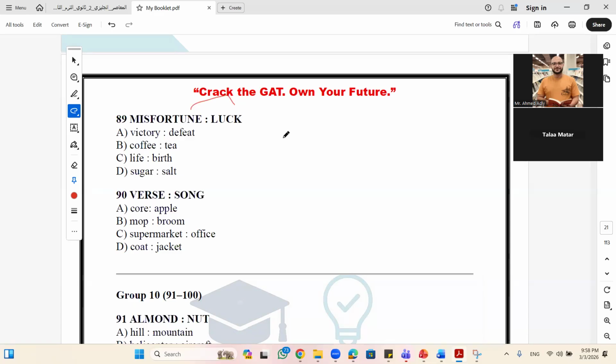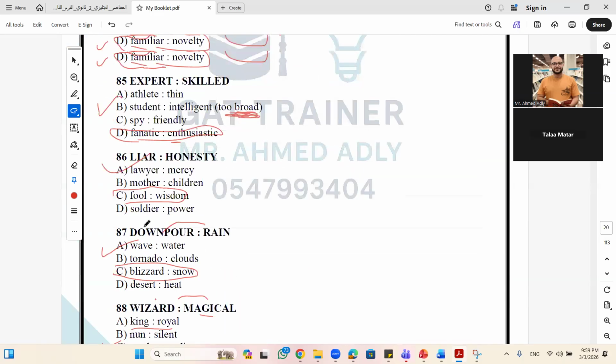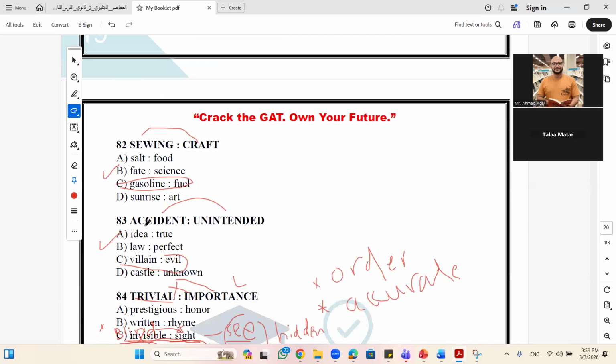It is clear they're opposite ideas here. Victory and defeat. That's it. Perfect. Verse and song. A verse is part, song is whole. Core and apple. The core is the inner part of the apple. Good, good, good. 9 is not bad. That's a good thing. 9 out of 10.